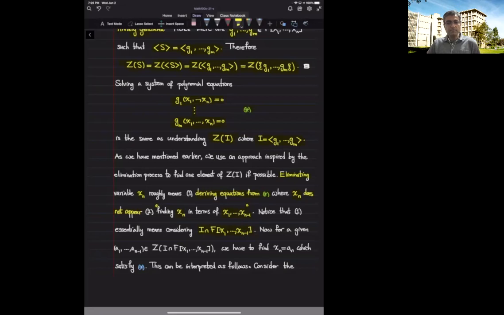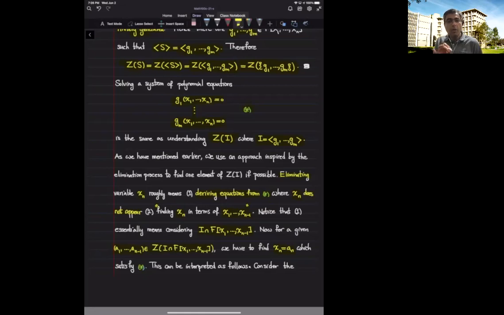Now, suppose that you have already found a zero of this polynomial system that has fewer variables. Now, for given a_i's, we want to find x_n. We want to find a solution for x_n, for x_i equal to a_i, so that these equations that we have are satisfied.